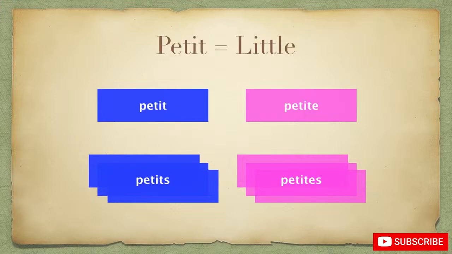And then another example is petit. So we have petit and then petite. So it doesn't sound the same for this one. Petite is the feminine singular version, whereas petit is the masculine singular version. And same thing, you just add an es for the feminine plural and then just an s for the masculine plural.